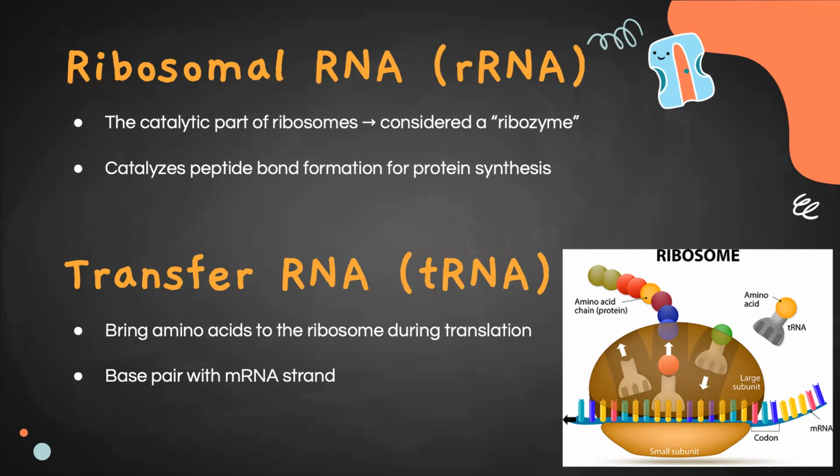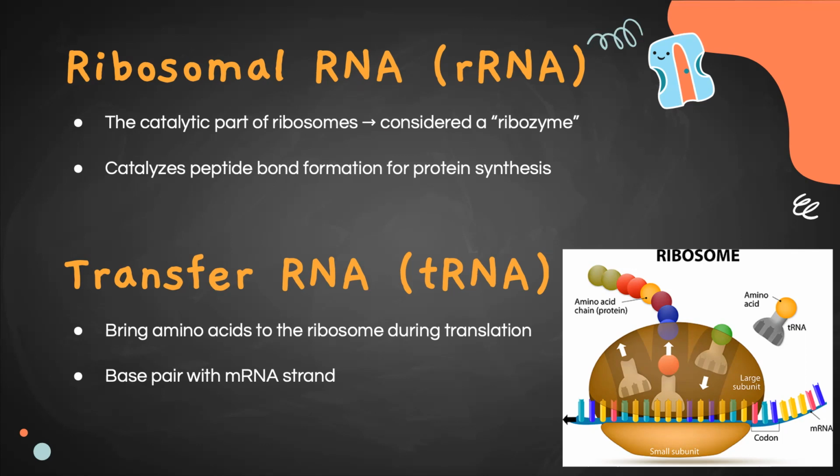And then tRNA is transfer RNA, which brings the amino acids from throughout the cell to the ribosome, so that they can be synthesized onto the polypeptide chain. How this works is that the tRNA here has three bases that will pair with the codons for each amino acid.